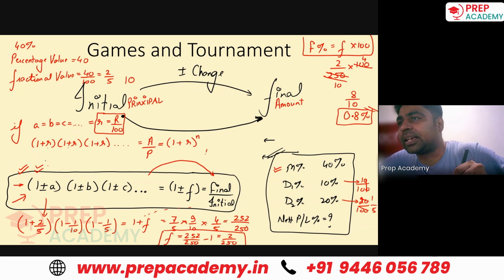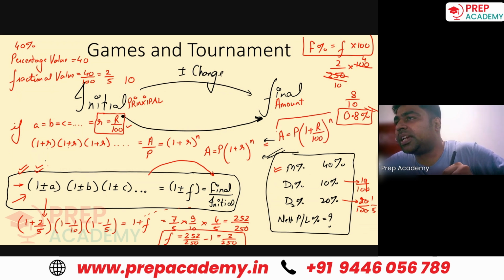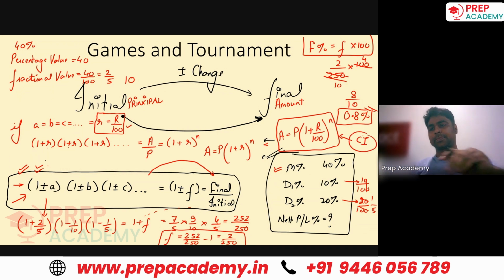So can I say amount is equal to principal into 1 plus r to the power of n, or amount is equal to principal into 1 plus R upon 100 to the power of n? Isn't this the formula you have studied in the concept of compound interest?